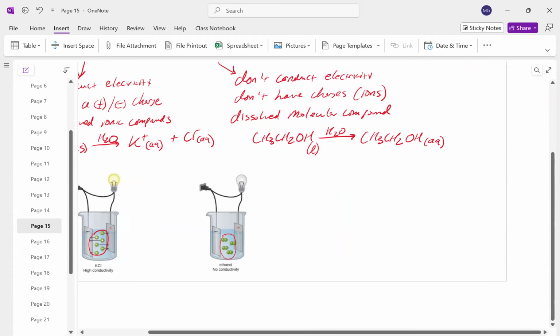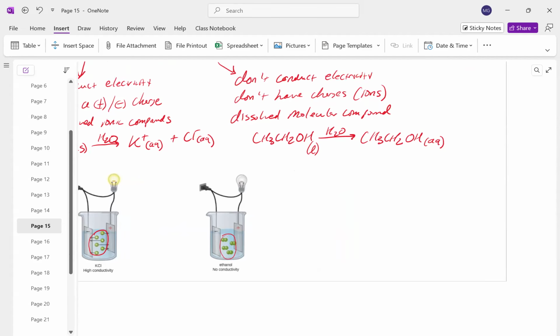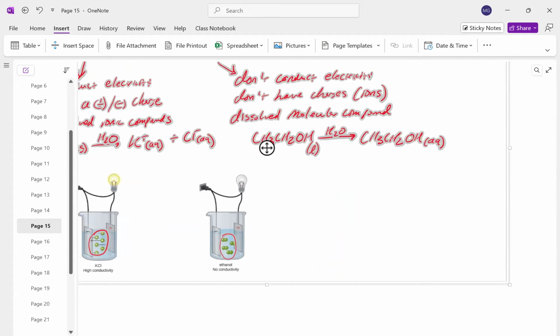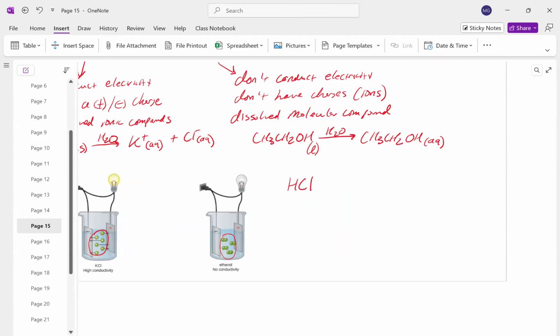Now, that doesn't mean all molecular compounds are non-electrolytes. There are some exceptions. For example, let's take HCl. HCl is a non-electrolyte. It's a molecular compound, it's covalent.